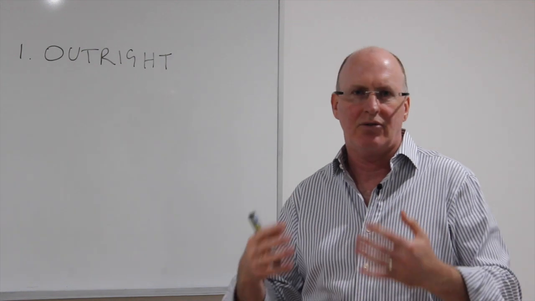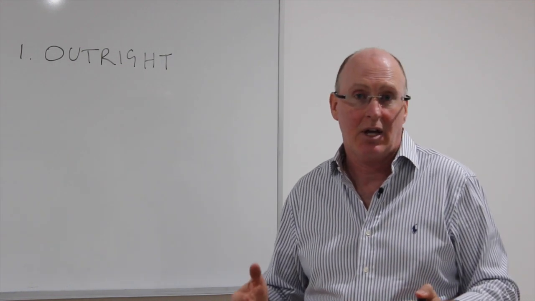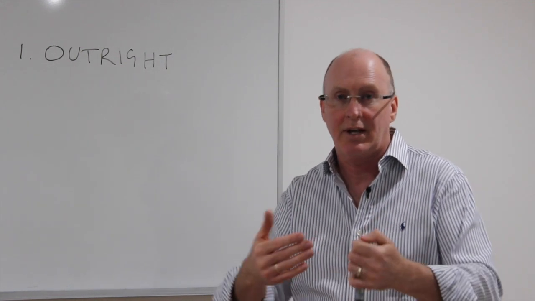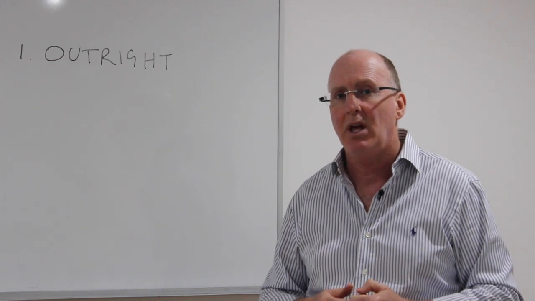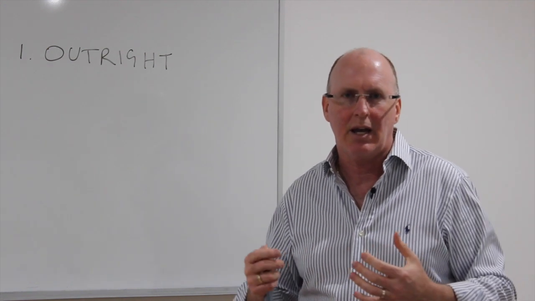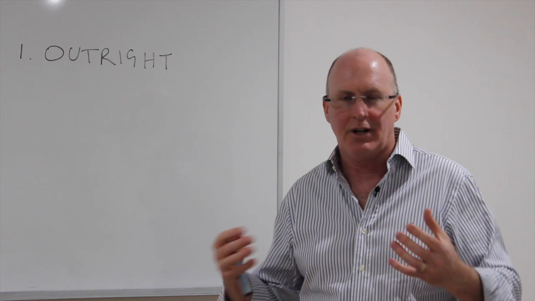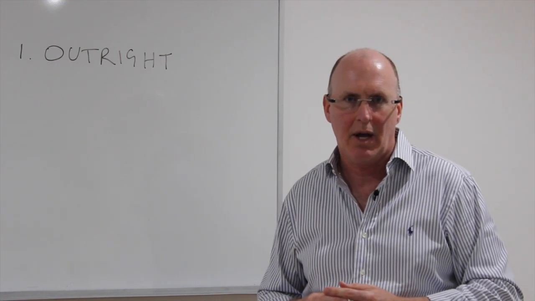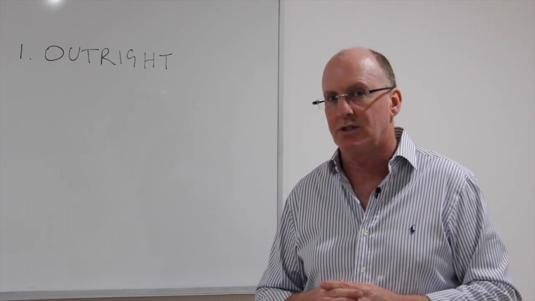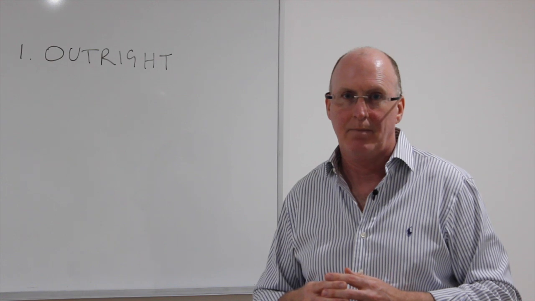So an outright transaction is fantastic. You get the title to the property, and you can then do anything permissible under the planning schemes that may apply as far as development is concerned on that property.